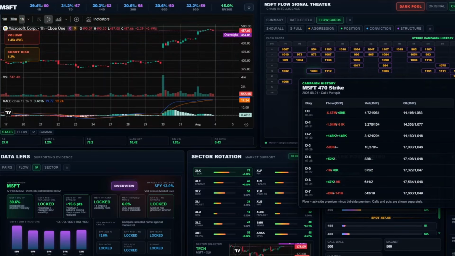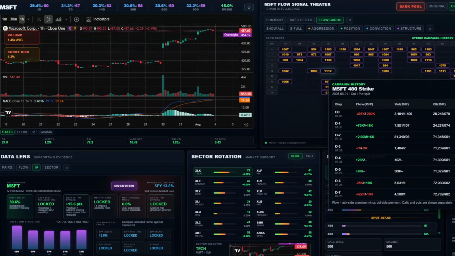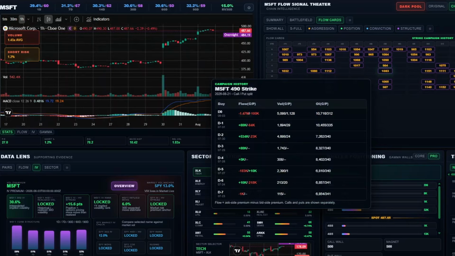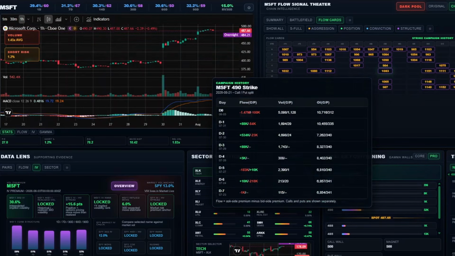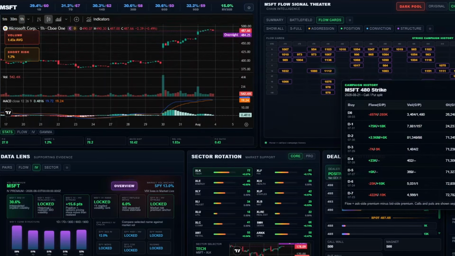That could be people just closing their call positions that were built up earlier throughout the week, or it could be covered call positions. But looking at the open interest on some of these positions, it looks like there's still a lot of traders holding on to their call positions.